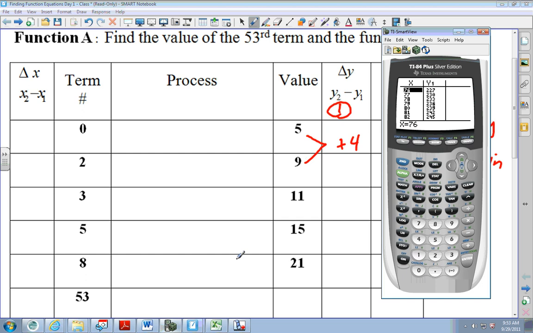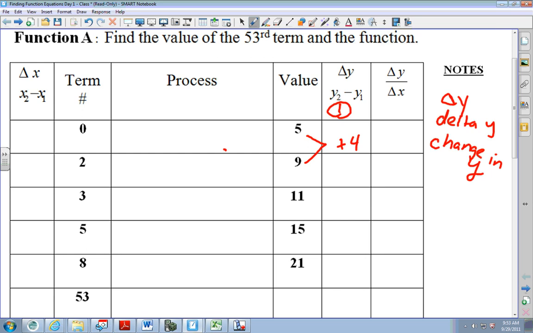If I go on my calculator, you're going to go in your home screen, and put the bottom number 9 minus the top number, so minus 5. And I'm going to press enter. It's 4. That's where I come up to 4. So the next one, I have 11 minus 9. Press enter, and you get 2.